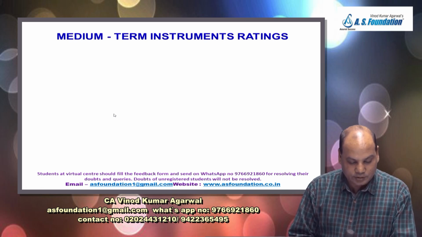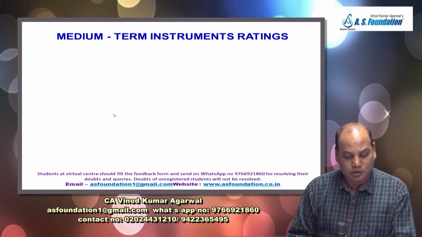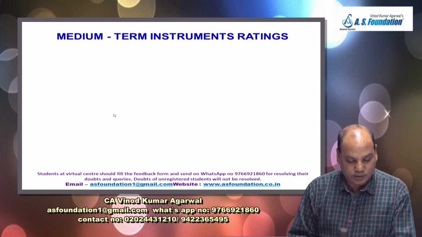Then high safety. Medium term instrument is usually around say 1 to 5 years. Long term instruments are more than 5 years, 5 and above. And this is 1 to 5, right, in bracket 1 to 5 here. Then high safety, I have told you FAA, MAA, CARE AA.